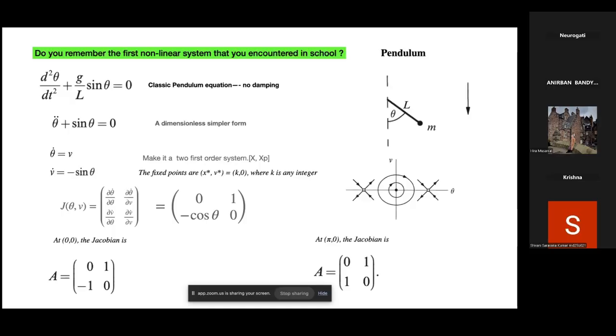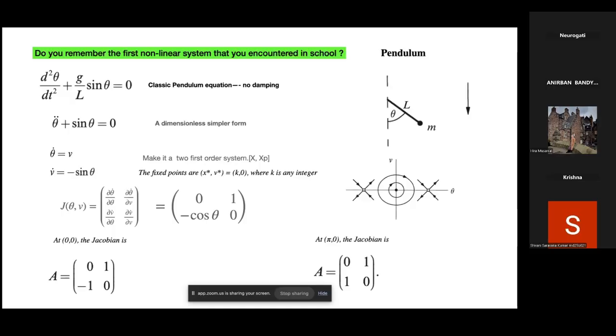From the second order differential equation we can form two first order differential equations. One is theta dot is equal to v, and the other is v dot is equal to minus sine theta, right? As I told you, this is not a linear system, since sine theta is not a linear term, so we can do the Jacobian.